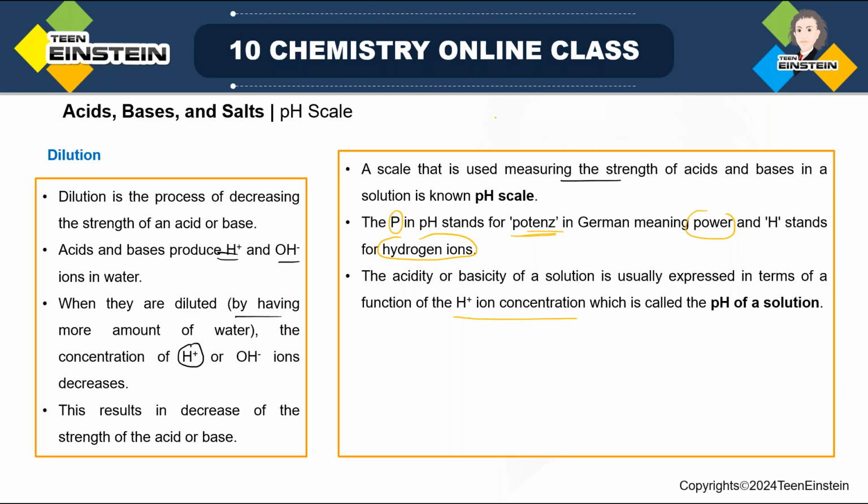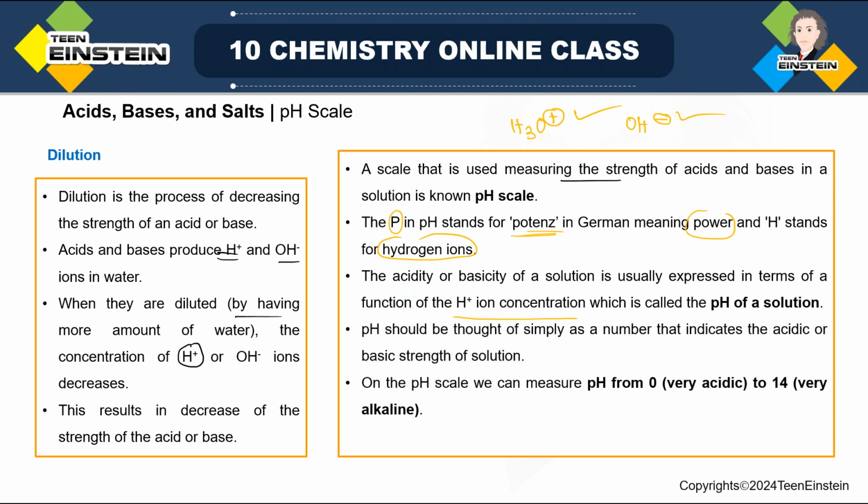And in aqueous solution, we talk about only the hydronium ion and OH minus, right? So whether it is a basic solution or an acidic solution, these two ions will always be present. Then what is the difference? The difference is if the solution is acidic, H3O plus will be predominating. And if it is basic, the reverse. So you can always express it as a function of H plus ion concentration. And that is actually the pH of the solution. It is always expressed in terms of the power of hydrogen.